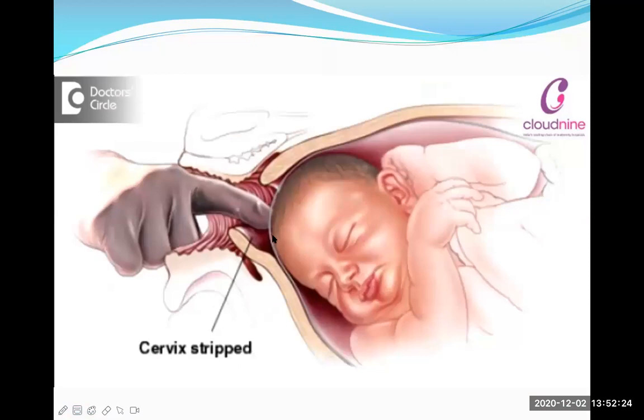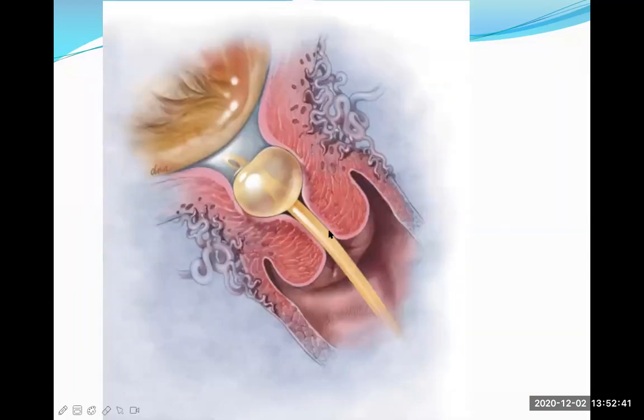This is known as stripping of the membrane with the help of a finger. Just strip the membrane from the presenting part. It will increase the process of the labor, so this is also considered a part of induction of the labor. This is called a balloon catheter, which is kept there and distended, and it will help the ripening of the cervix.